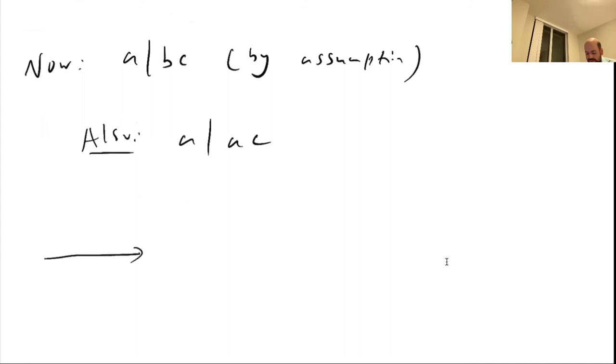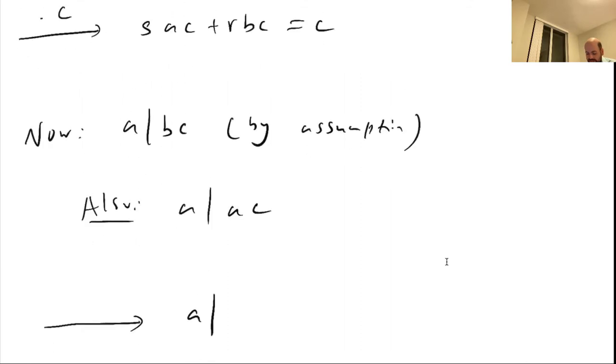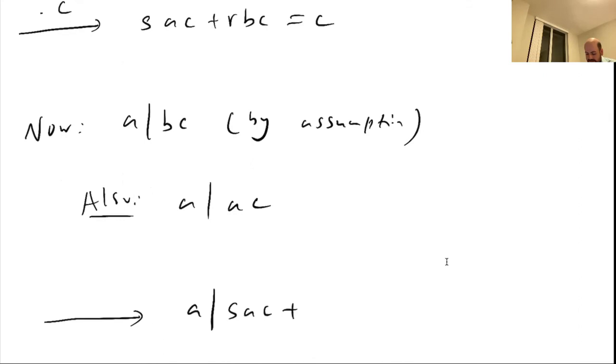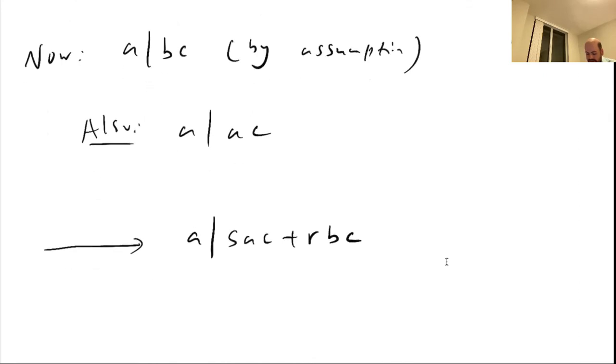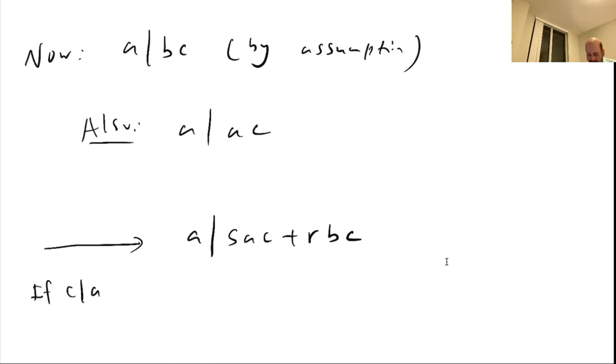That means A divides SAC plus RBC, again because of the property that if C divides A and C divides B, then C divides MA plus NB.